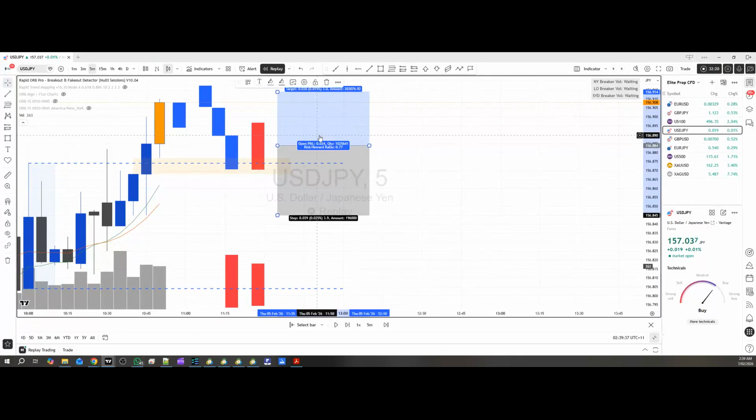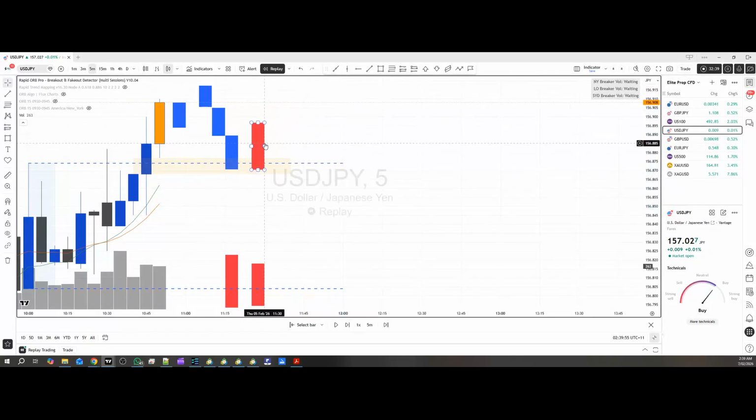Okay, so this is one of them. We have already talked about all the strategies that we actually use. Now one more thing we're going to talk about: whenever the price breaks and goes across the fair value, what are you going to do at that time?